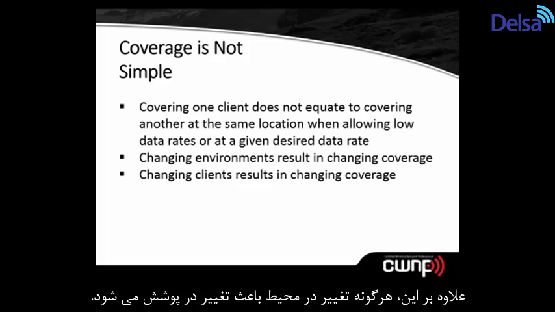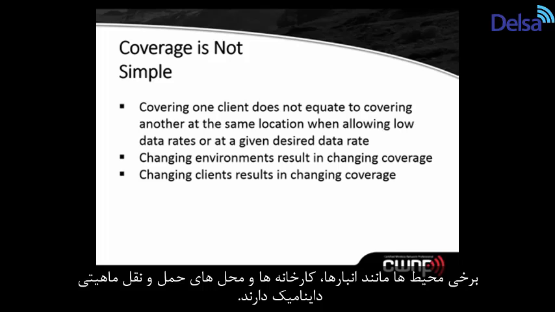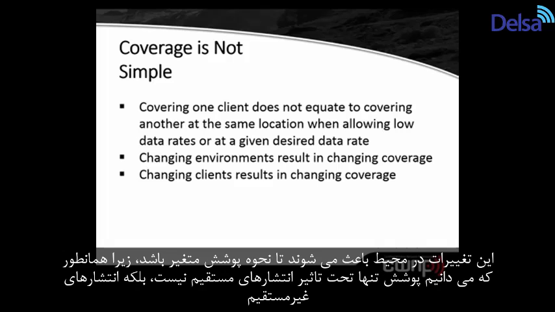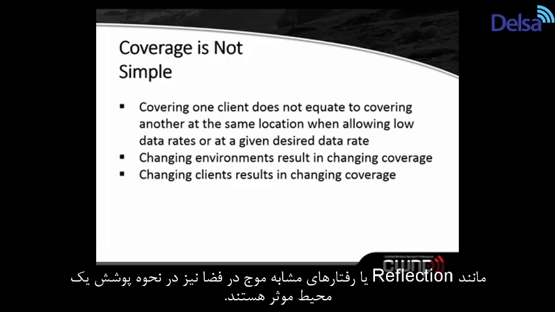Additionally, changing environments result in changing coverage. That is to say that some environments are dynamic. Think about warehouses and manufacturing environments and shipping environments where trucks come and go and things like this. These changing environments result in changing coverage because remember, coverage is born not out of just some direct propagation pattern, but also indirect propagation patterns with reflection and other factors as the radio frequency waves move throughout the space.